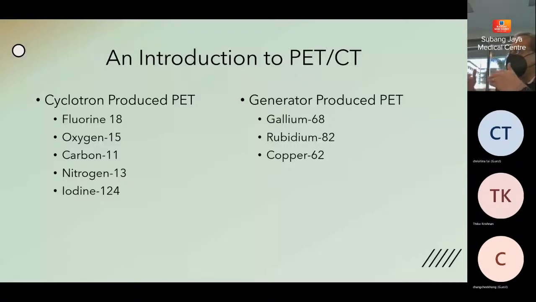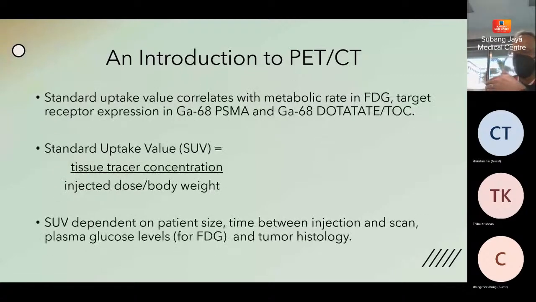Remember that the isotope is decaying, so the longer you wait, the activity decreases, and this might influence the value that we get. And also the plasma glucose levels. I will explain to you later on the biochemistry, because it can compete with uptake into the tumor and give us false readings, sometimes even missing a lesion completely.